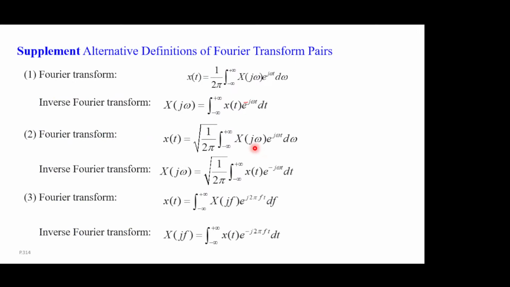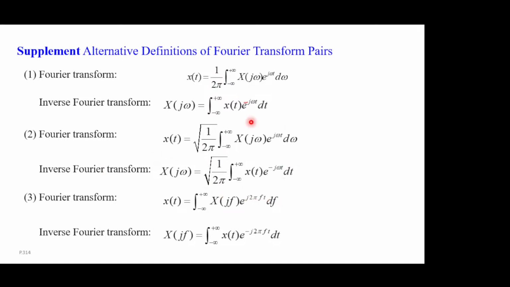Okay, so here is something a little confusing, and some of this you don't need to remember, but I just want to say there are different conventions for where to put this 2 pi. Depending on different books and different courses, some people like to split this 1 over 2 pi evenly between the Fourier transform and the inverse Fourier transform.